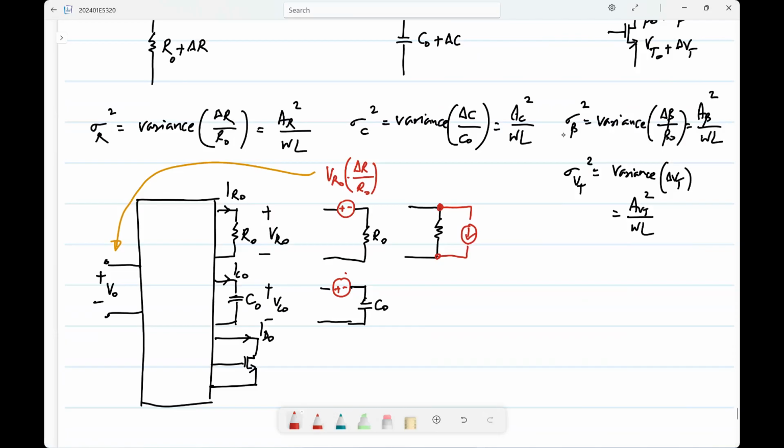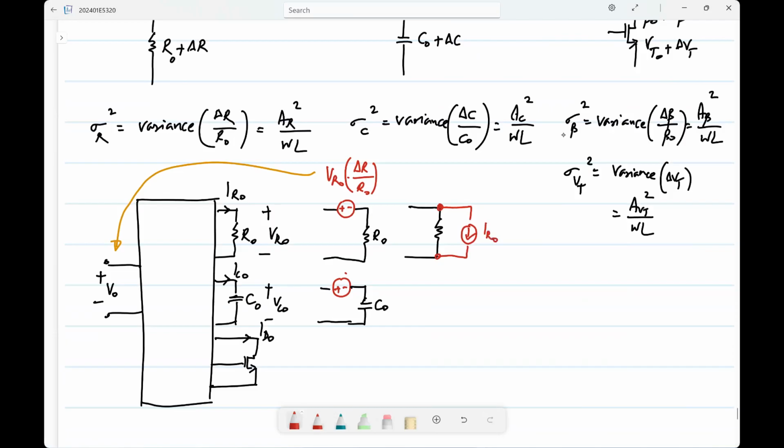I mean, the mismatch in the resistor can be represented as a voltage source in series with the resistor or a current source in parallel with the nominal resistance. What is that current value? Yeah. So again, give me the expression in terms of the relative mismatch. What is it?